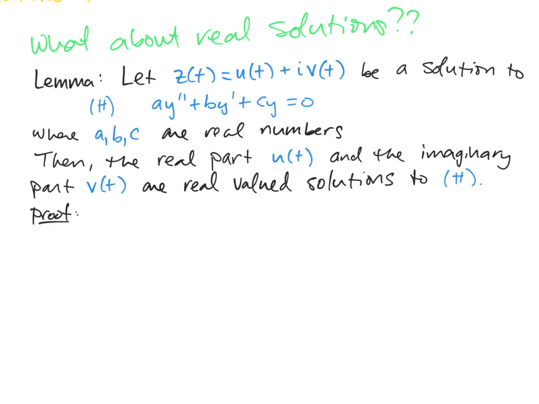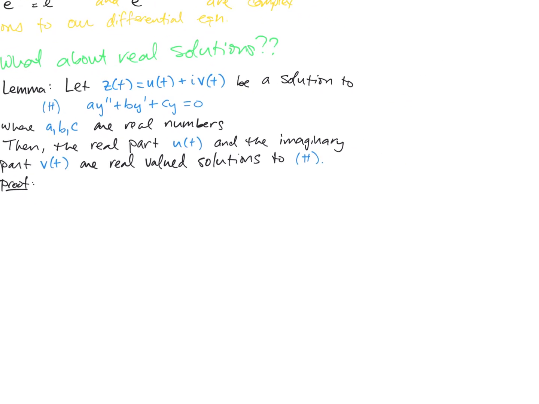So let's suppose we have a complex valued function z of t. What this means, let me just scratch out a little bit of stuff about complex numbers over here. A complex number z equals alpha plus i beta, right? This has a real part and an imaginary part, but alpha and beta are both real numbers.